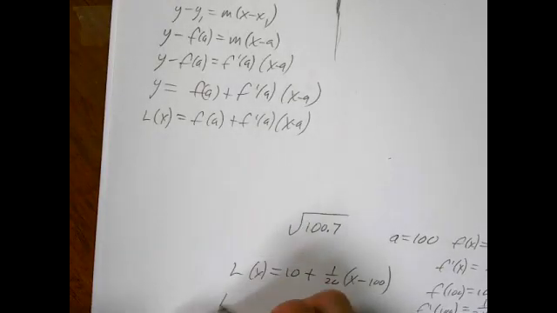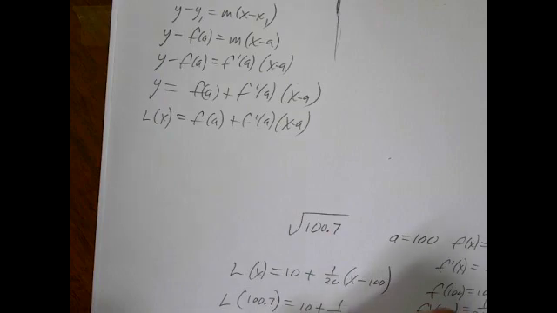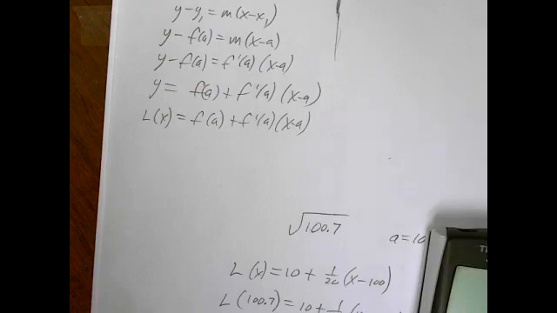So the linearization gives me at 100.7 a 10 plus 1/20th times 100.7 minus 100. That's 10 plus 1/20th times 0.7. And that's some pretty easy arithmetic. And yes, I'm going to cheat a little bit.